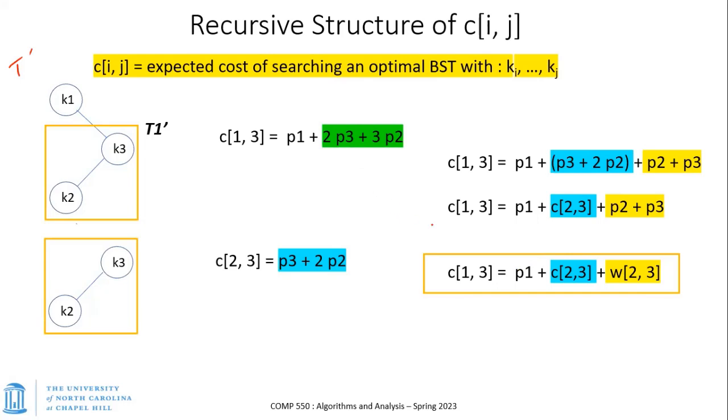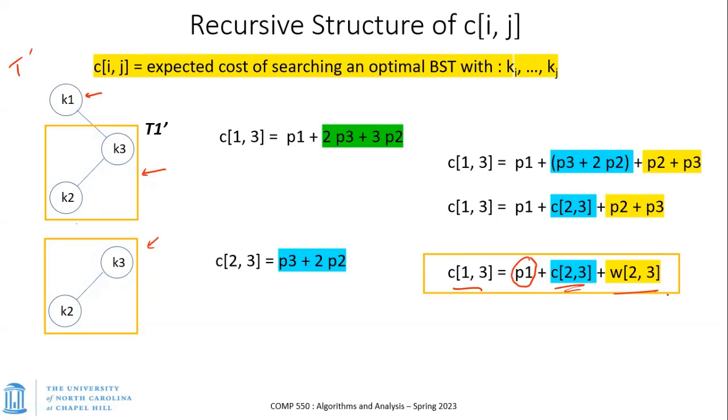Do we get a similar equation? And in fact, if you just go through these steps, you'll see that you get exactly the same equation again. So in other words, regardless of the structure of the subtree, you can write the equation as follows. C13 is going to be the cost of the root that's been picked, plus the cost of the subtree, plus the probability that one of those elements of the subtree takes place.